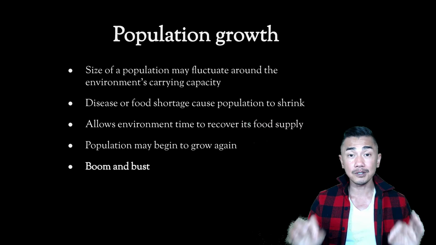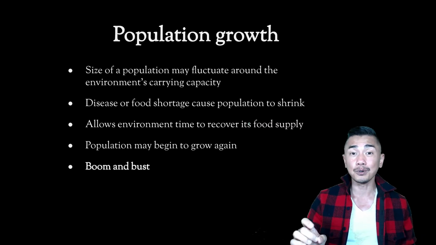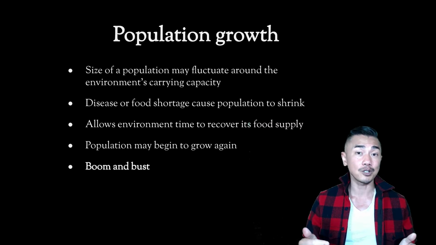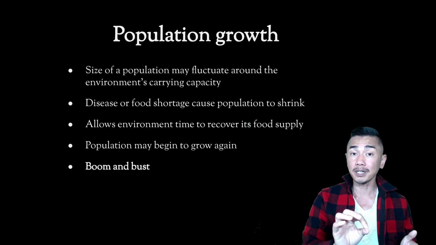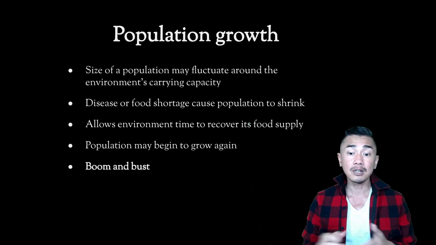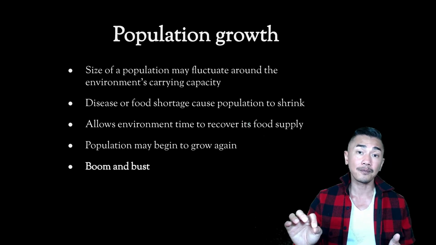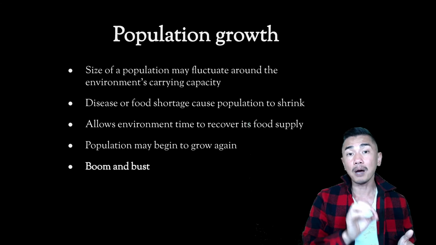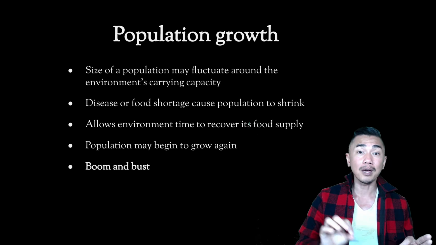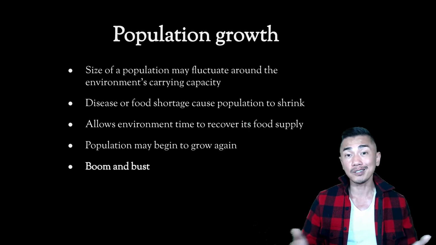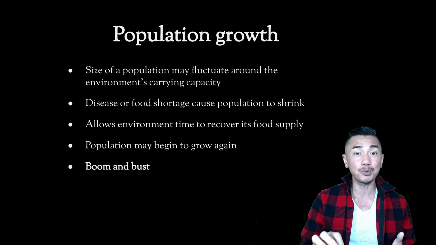The presence of disease or the absence of food can lower a population's carrying capacity. This allows time for populations to develop resistance to disease and for nature to recover its food supply. At that point in time, a population may begin to grow again. This is called boom and bust, and many populations experience cycles of boom and bust.